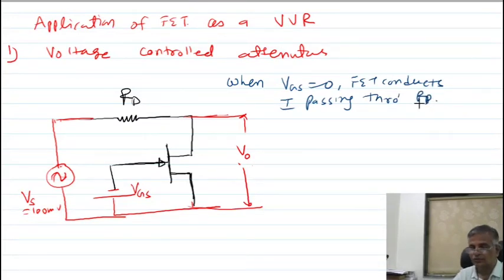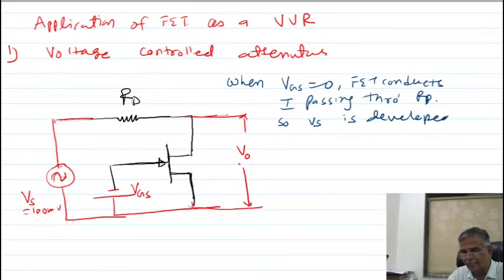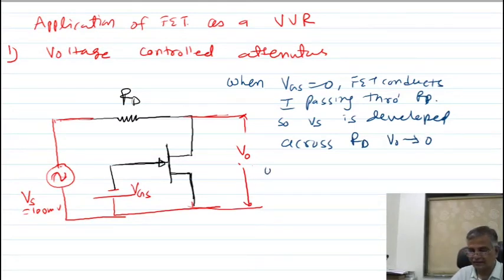So Vs is developed across RD and VO is very small. When VGS is made negative, then look here at what is happening.